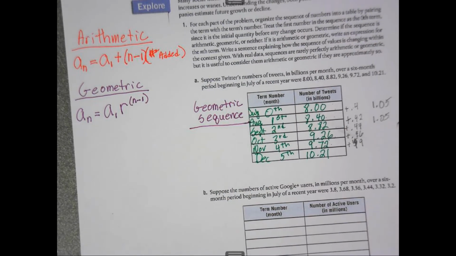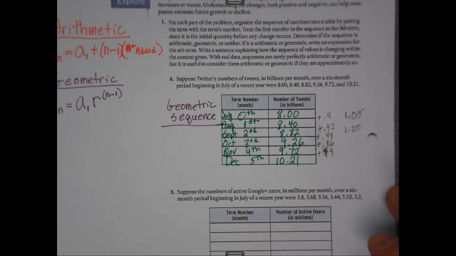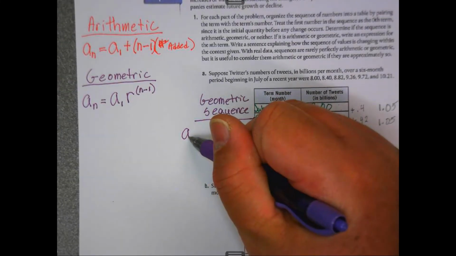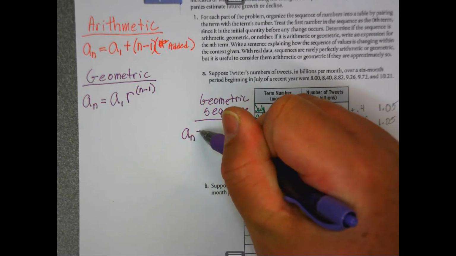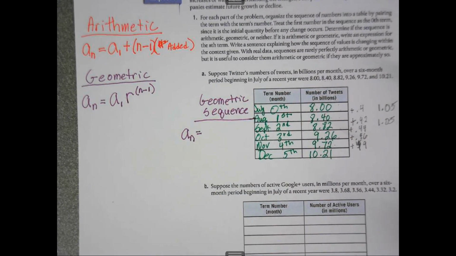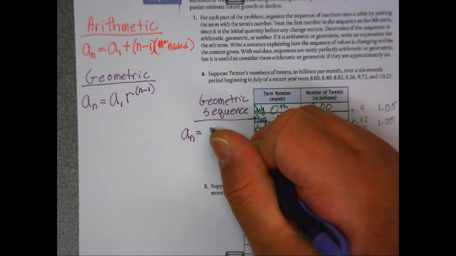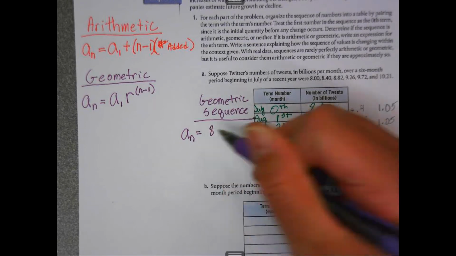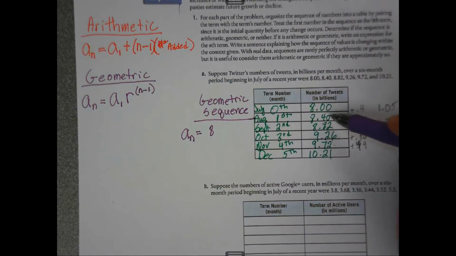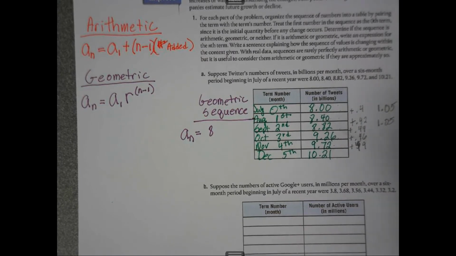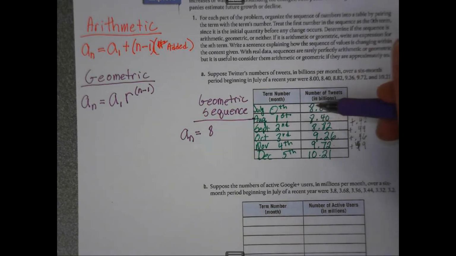Now, I want to come up with the formula for the nth term here. So I'm going to look over here, my a sub n, or my nth term, is my first term, which is 8. Let's see, should we use the 0th term?